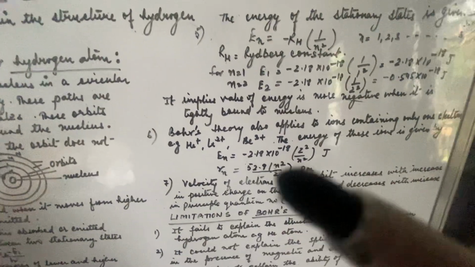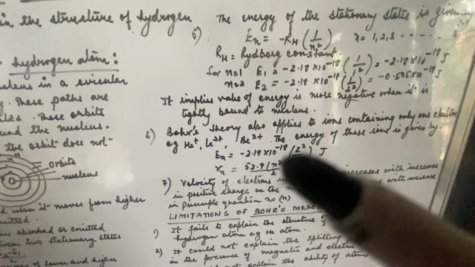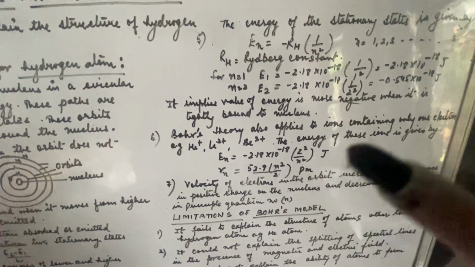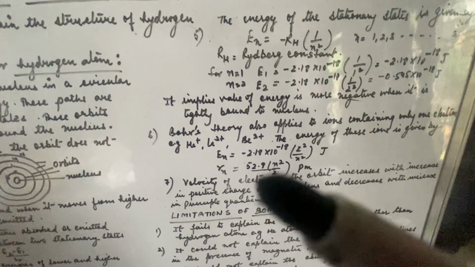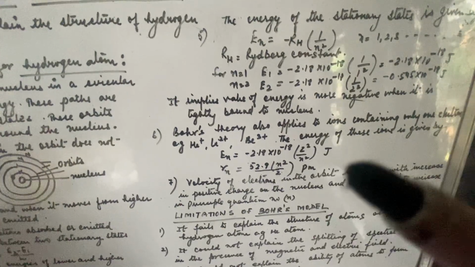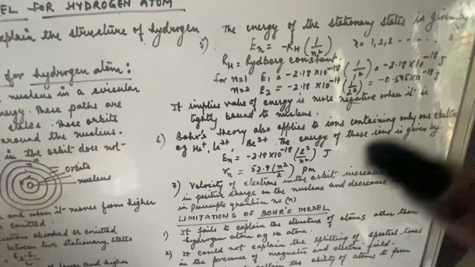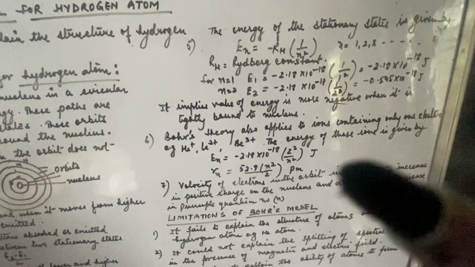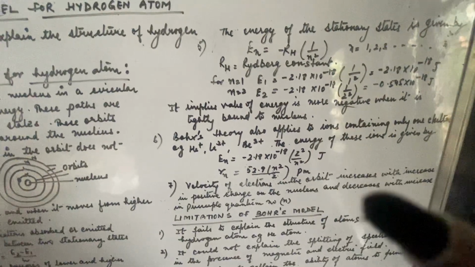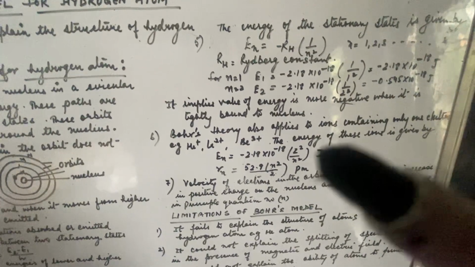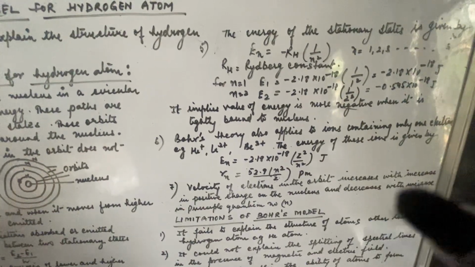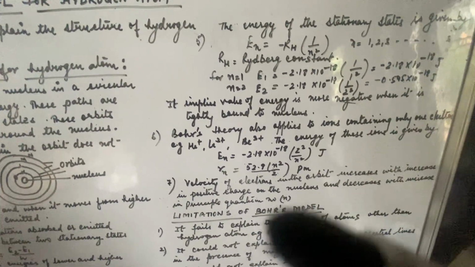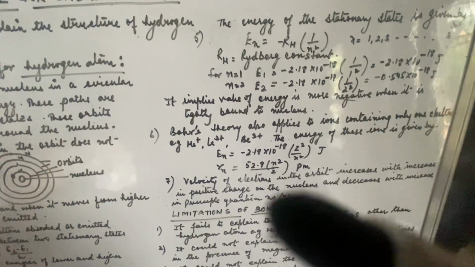En is equal to minus 2.18 into 10 to the minus 18 Z square by n square, and rn is equal to 52.9 n square by Z picometres. So from these formulas, we can see that velocity of electron in the orbit increases with increase in positive charge on the nucleus and decreases with the increase in principal quantum number.